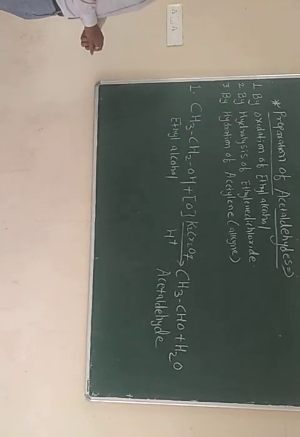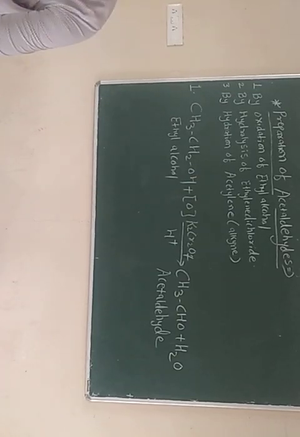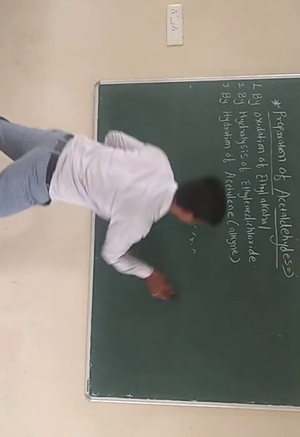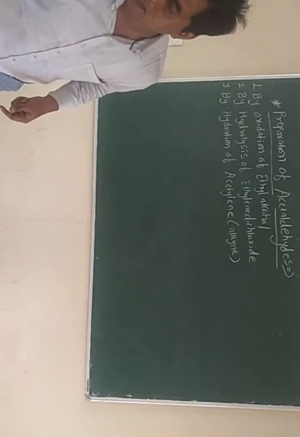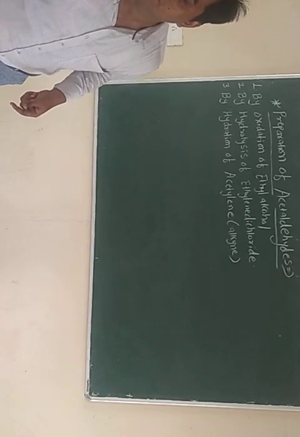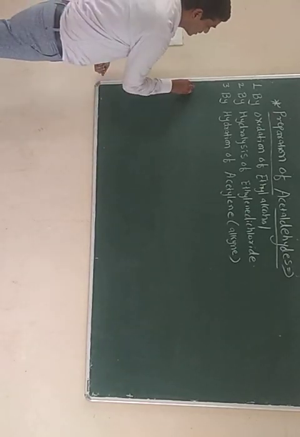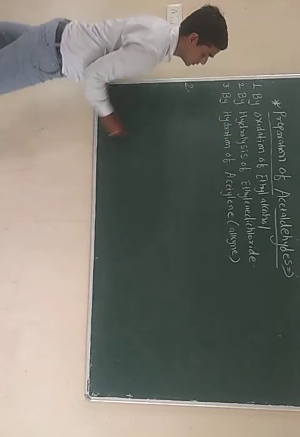So our next reaction is the hydrolysis of ethylene dichloride. By the hydrolysis of ethylene dichloride, actually alkaline hydrolysis takes place. Number 2 is the hydrolysis of ethylene dichloride molecules.